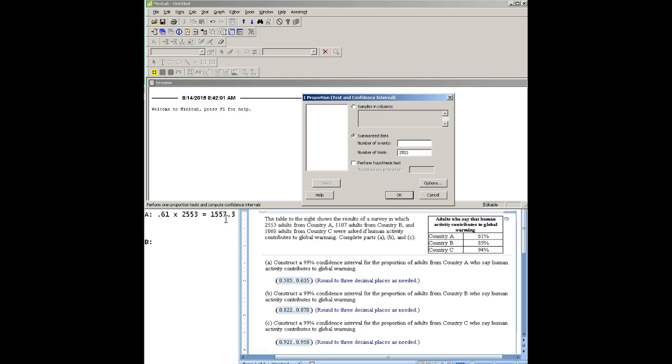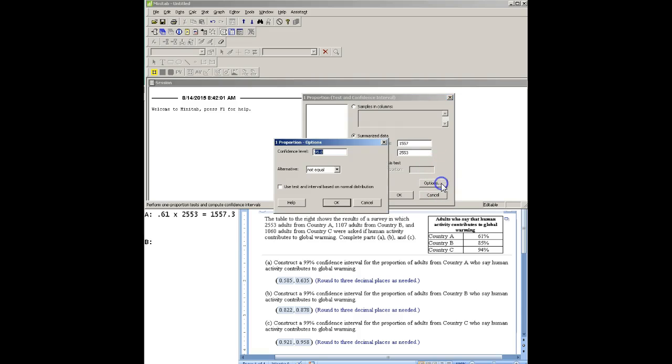So let's find out what 61% of 2,553 actually is. In order to do that, we just do some basic multiplication. We convert 61% into a decimal, and we multiply that times 2,553, and we get 1,557.3. So let's go ahead and just plug that in, 1,557.